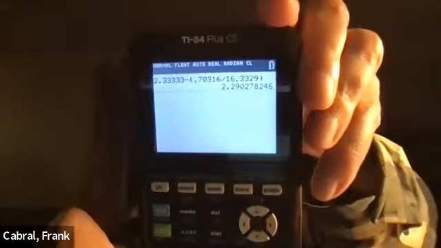So let me clear this screen, and let me plug in 2.333 repeating minus 0.70316 divided by 16.3329. And that gives me this. All right. So this is the value for x sub 3.